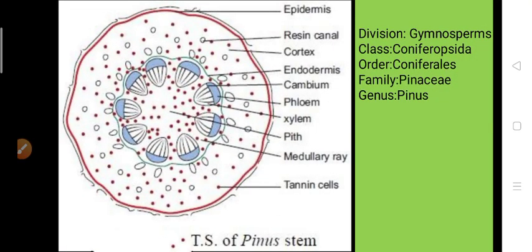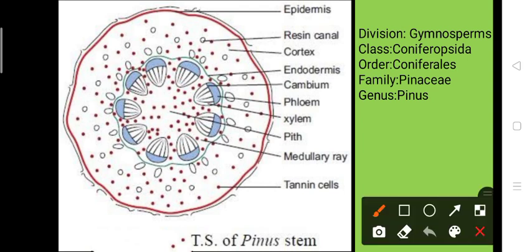Next, vascular cylinder. Third part is vascular cylinder. Below the cortex, vascular cylinder is present. This is the vascular cylinder. This vascular cylinder is enclosed with pericycle.